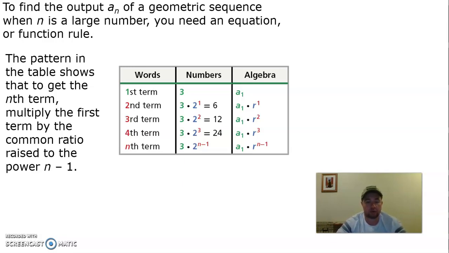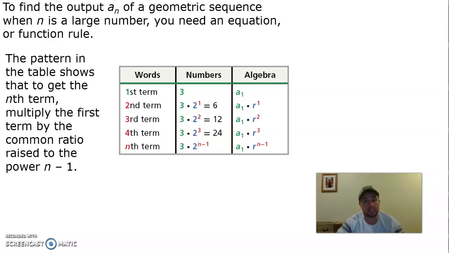So here's what I want you to notice. Our very first term is 3. And 3 is going to get multiplied by a common ratio of 2. And then it's going to get multiplied again by 2. And then again by 2. So when we talked about arithmetic sequences, we said that repeated addition is multiplication.